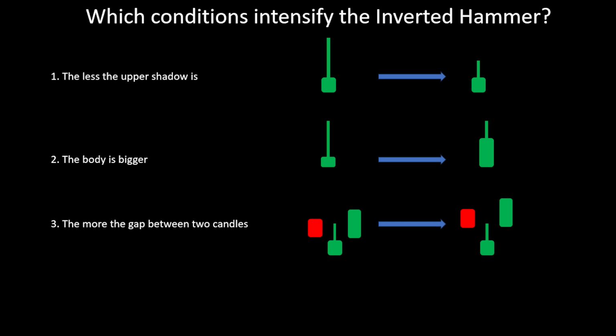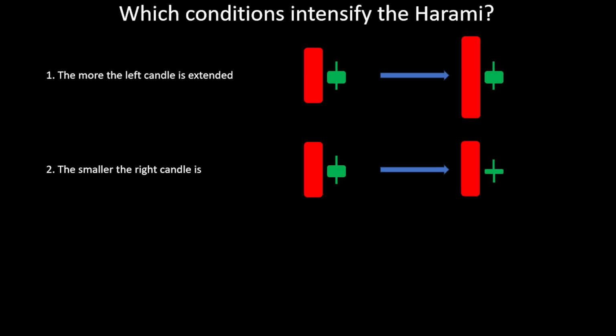The last condition is if there is a gap between the last downtrend candle and the inverted hammer candle. A gap will show the power of sellers in the market is changed and now the control is with buyers in the market. For harami pattern, there are two conditions that can intensify this pattern.